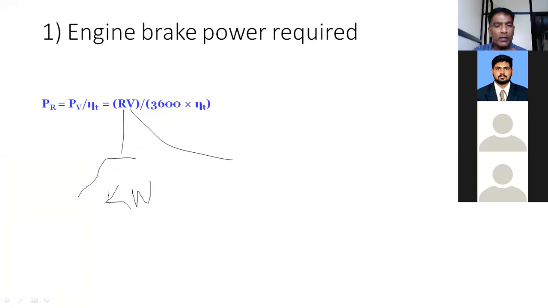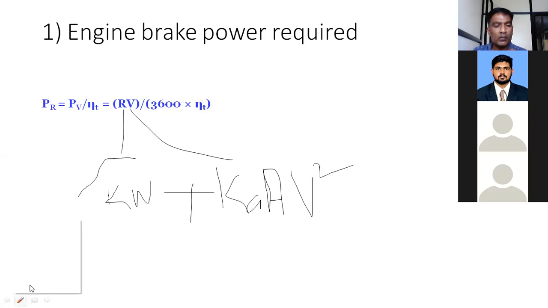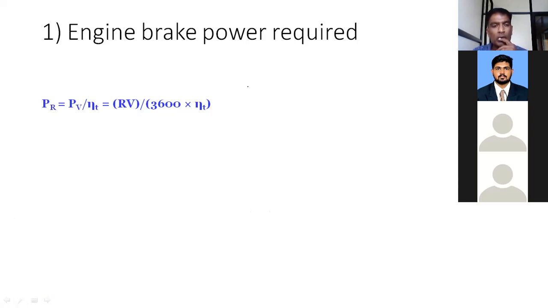Already it is given: KW plus Ka V square. And speed is also given. So write down this.